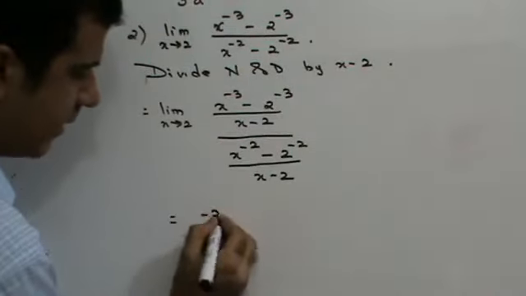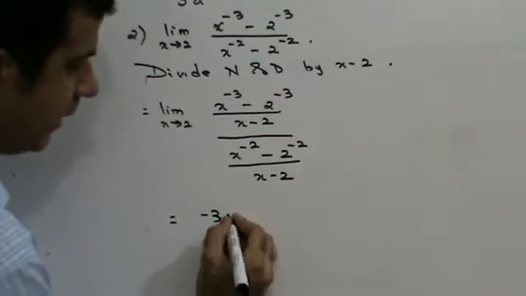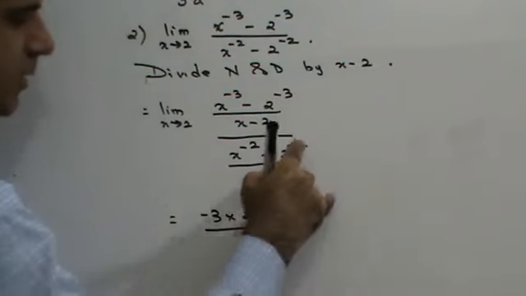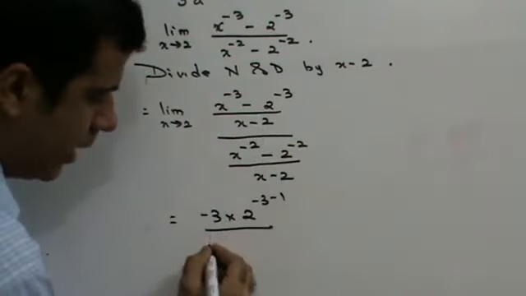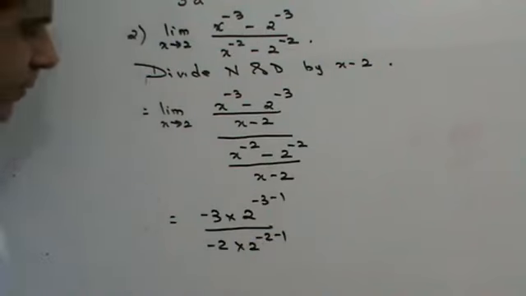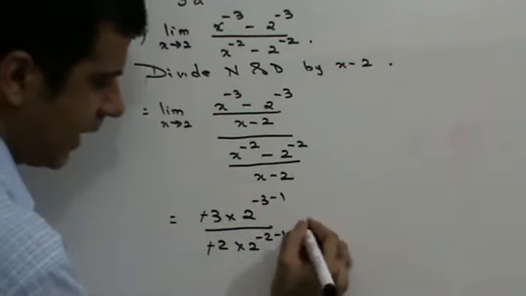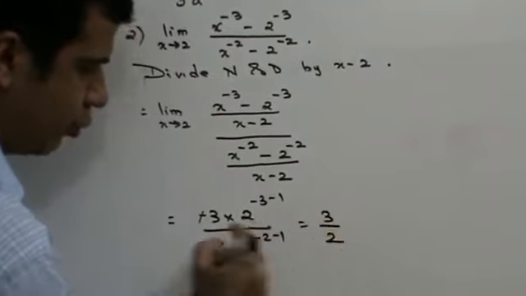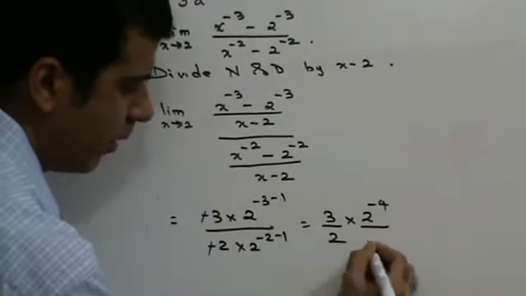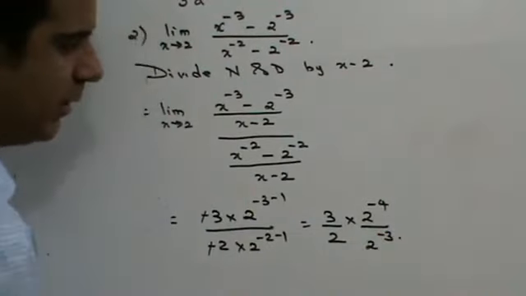This is n. The indice is n. n a raised to n minus 1. Similarly, in the denominator, n a raised to n minus 1. Minus sign gets cancelled. This is 3 upon 2 as it is. This is 2 raised to minus 4 upon 2 raised to minus 3.